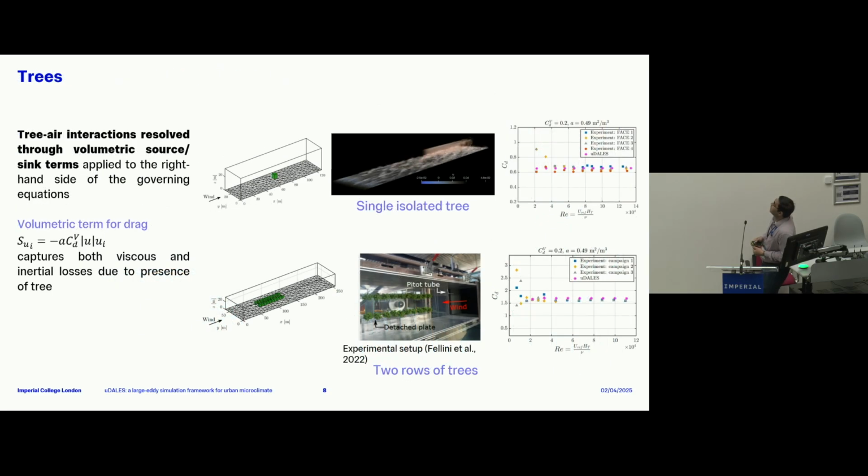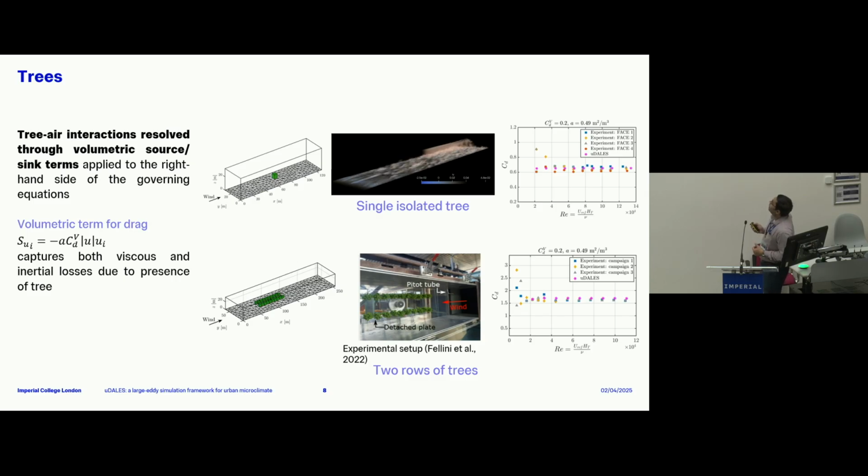Next, uDALES can model trees as well. So here we model the inertial and viscous loss due to the presence of the tree using a volumetric source term that has been added to the momentum equation. And here we are showing two cases: one is a single isolated tree, and the other is two rows of arrays of trees.